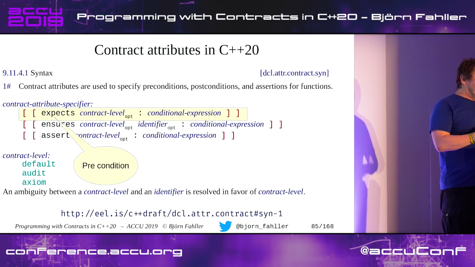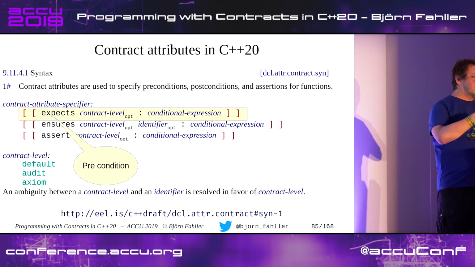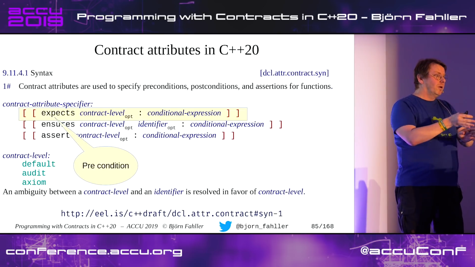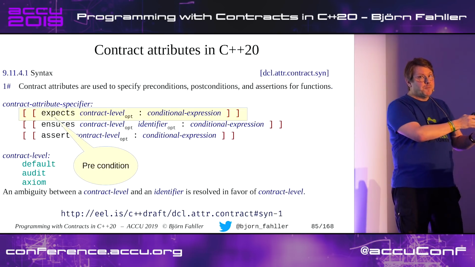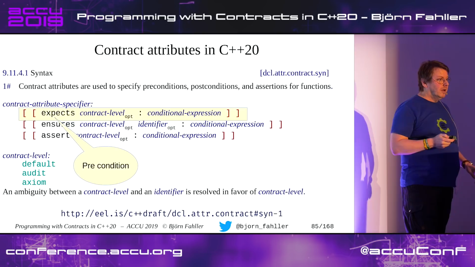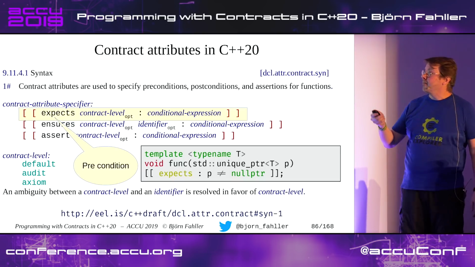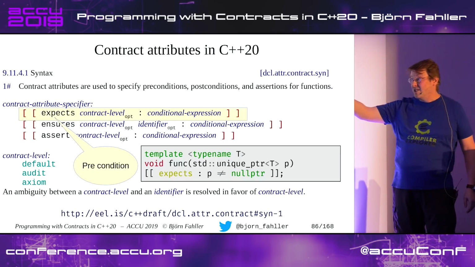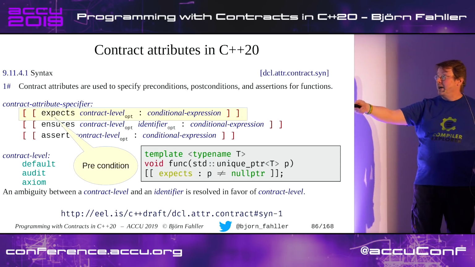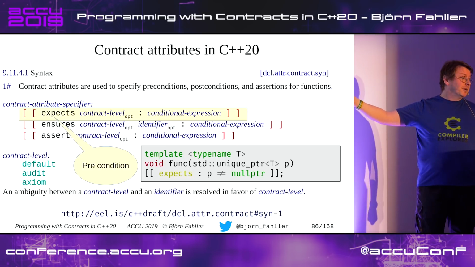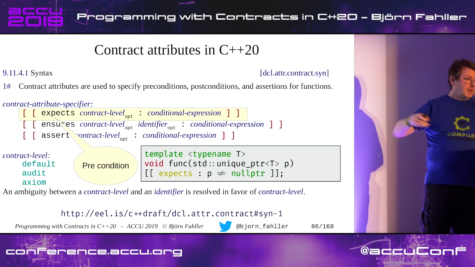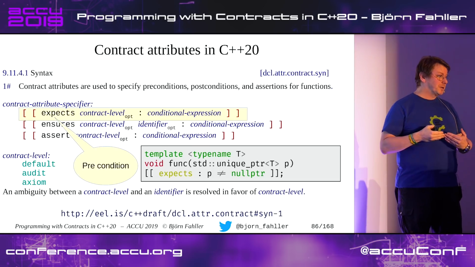So we have expects, a contract level that is optional, colon, and an expression. So it can look like this. We have a function template, and we expect that the unique pointer is not null pointer. So that's how you can express it.